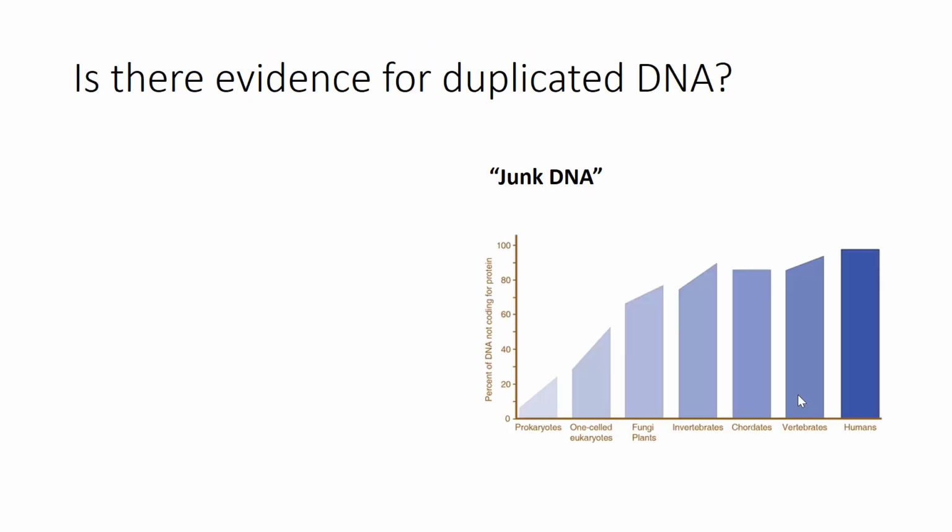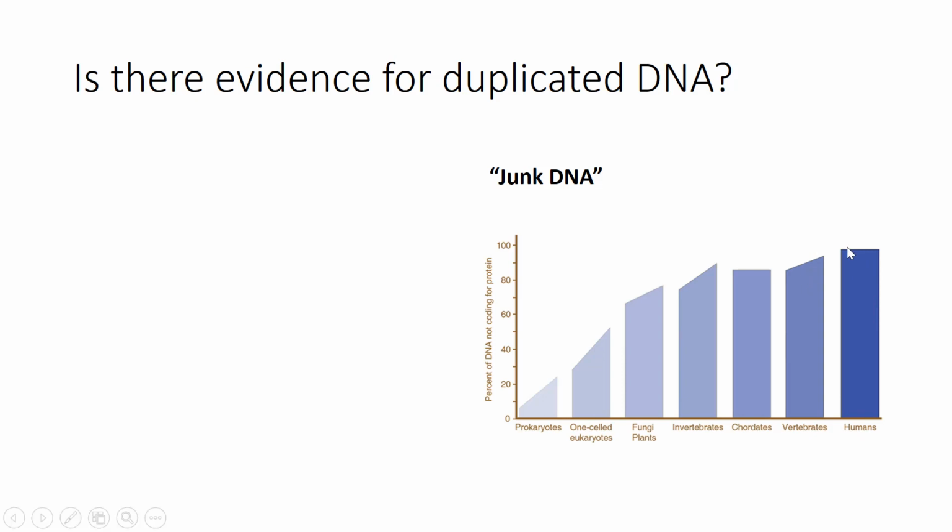So the real question we have to deal with is, is there evidence for duplicated DNA? And so we have this idea of junk DNA. What you see as you study these different groups, as you increase in complexity, that is, as you look at organisms that are more and more complex at the tissue and organ system level, you find greater percentages of the DNA devoted to something other than coding for a protein.